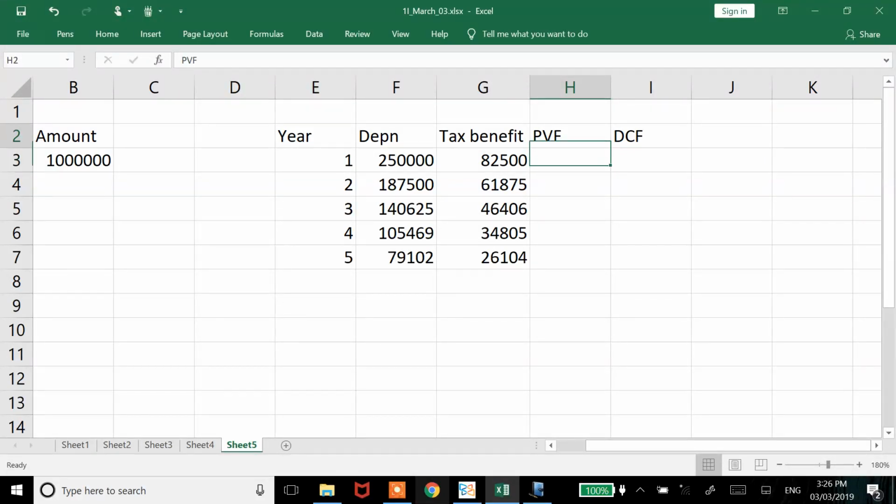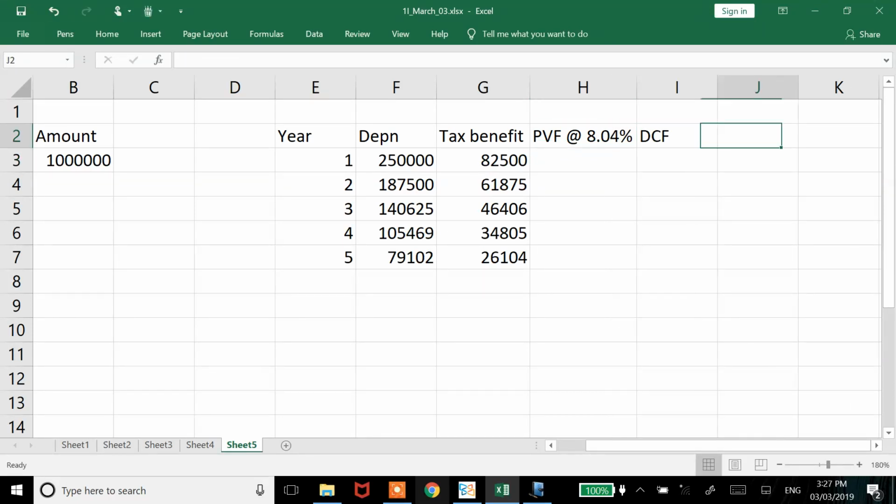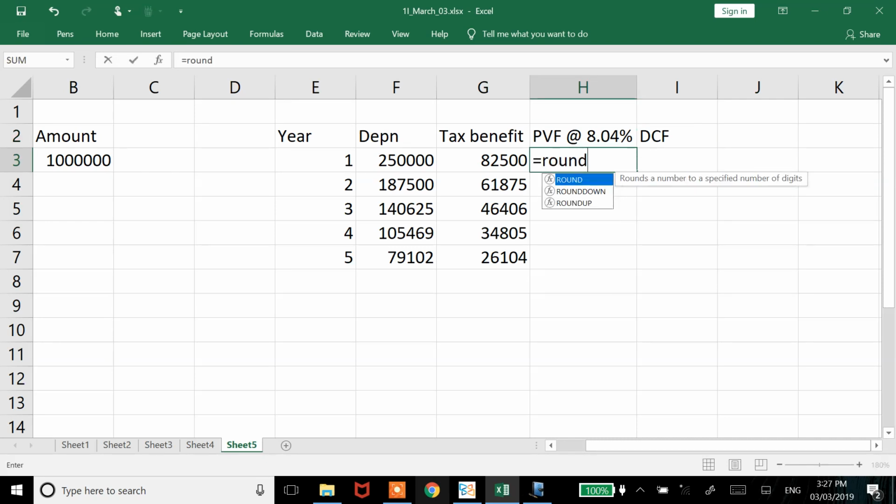I hope this is what you have done. PVF is at 8.04%, that is 12 into 67%.